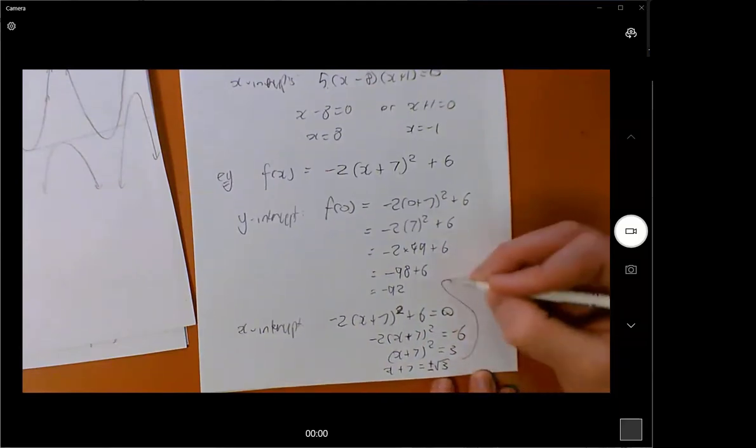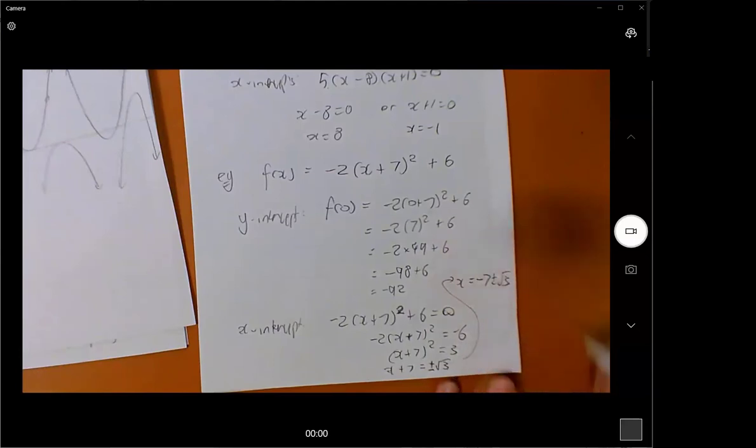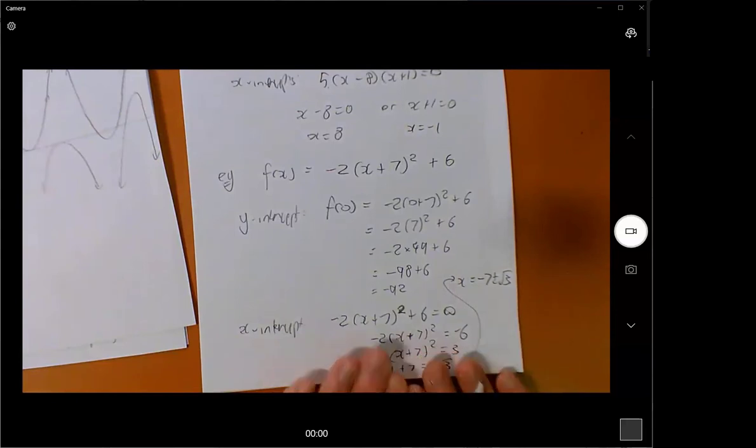And so therefore, my x is coming out to -7 plus or minus √3. And that means that I could actually figure out what the answers are by getting my calculator and doing -7 plus square root of 3 and -7 minus the square root of 3 separately. So this actually wasn't that bad. I was able to use ordinary algebra moves to solve the problem.